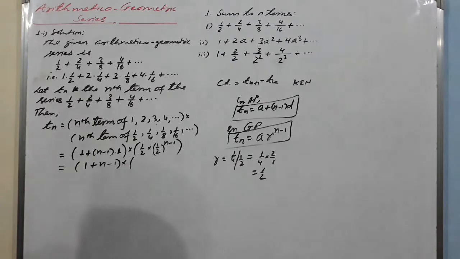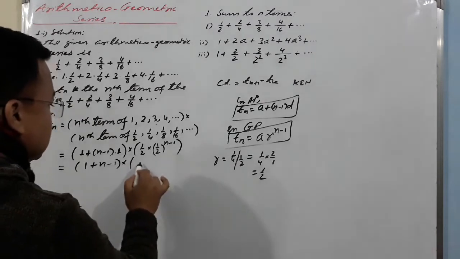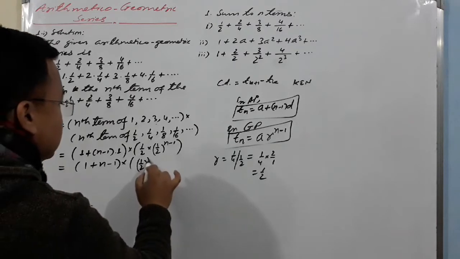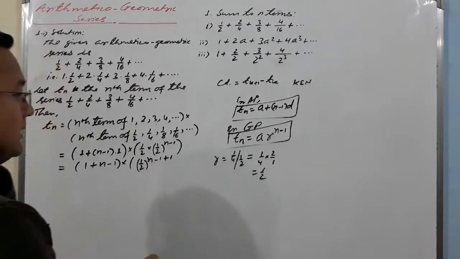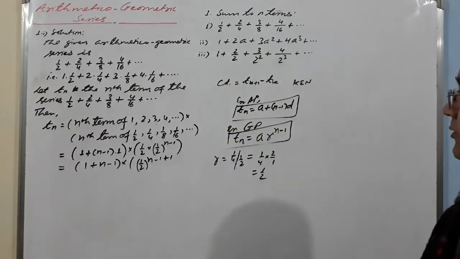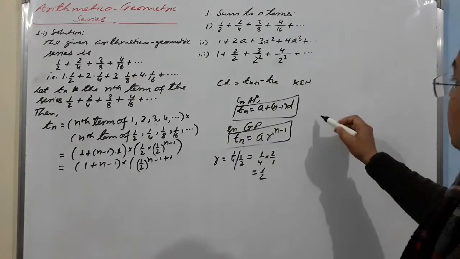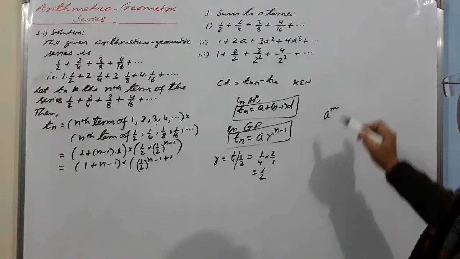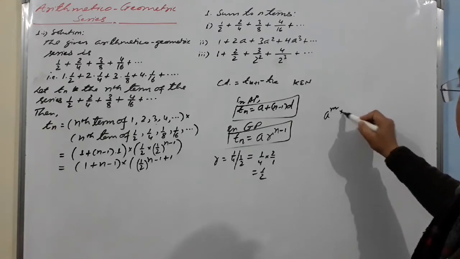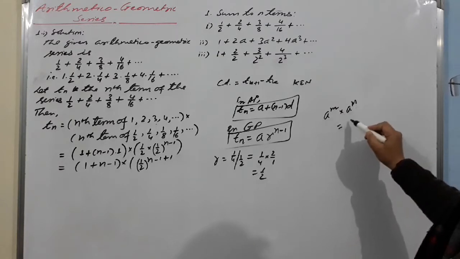Here we can use the law of indices. Here the power is 1, and I am going to tell you in a proper way so that you will not have any confusion: minus 1 plus 1. Again, let me tell you the law of indices, if you are new to it or have forgotten it.